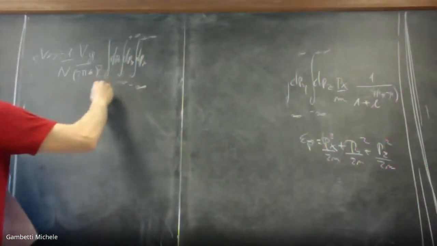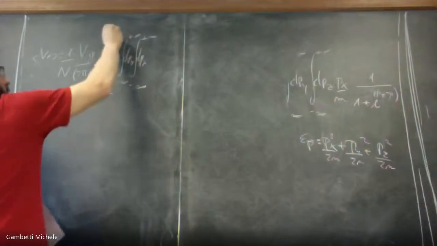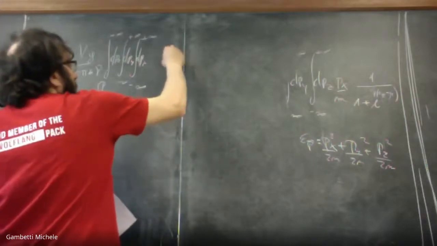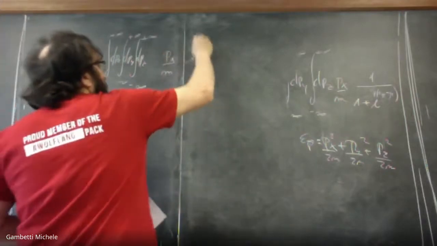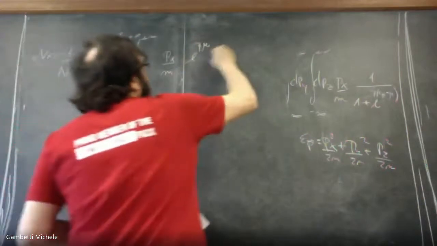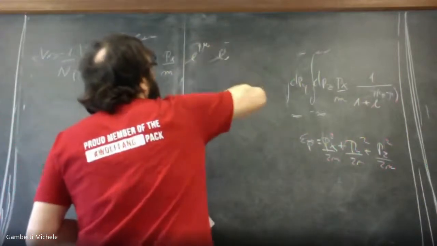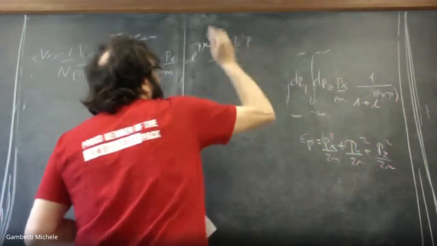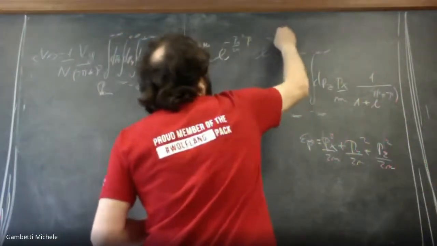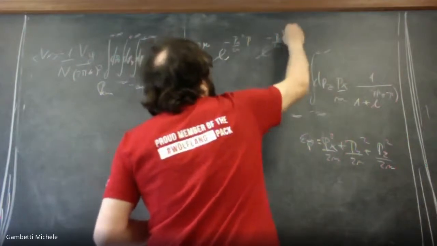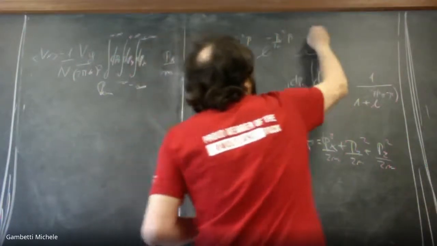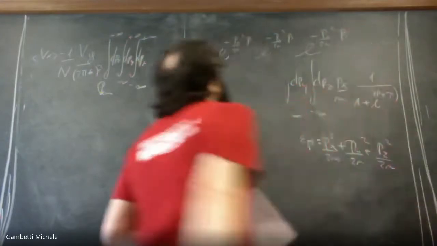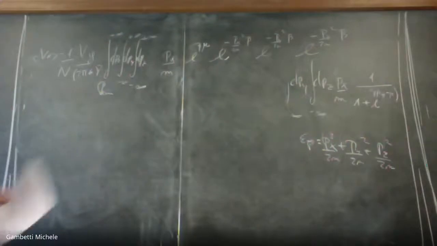Here I have a minimum of momentum in the x direction. And here then I have px divided by m, e to the beta mu, and then I have e to the minus px squared divided by 2m beta, e to the minus py squared divided by 2m beta, and e to the minus pz squared divided by 2m beta. And I think I have everything there.